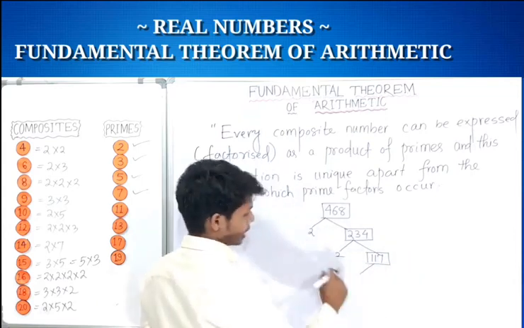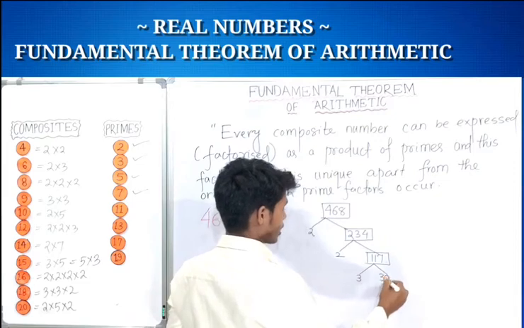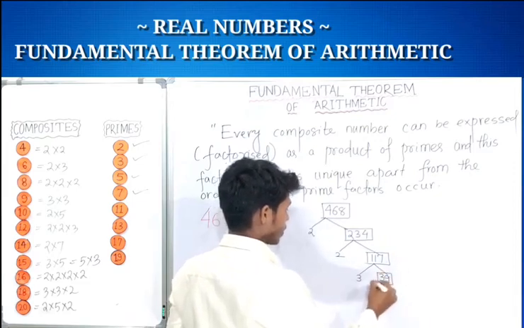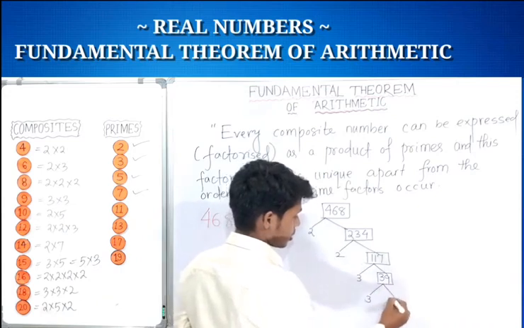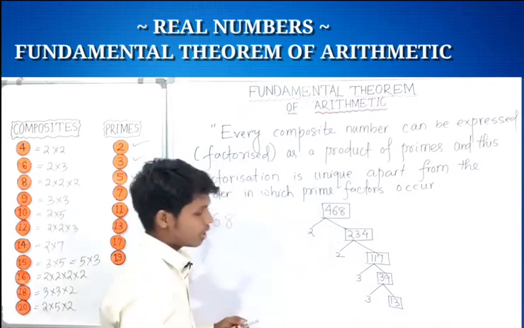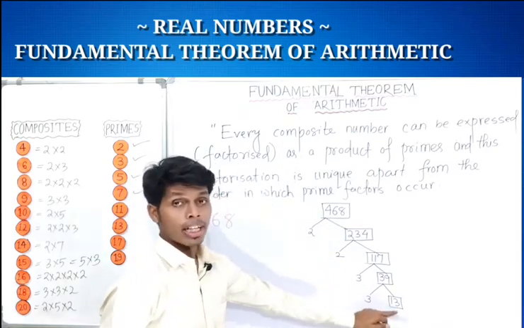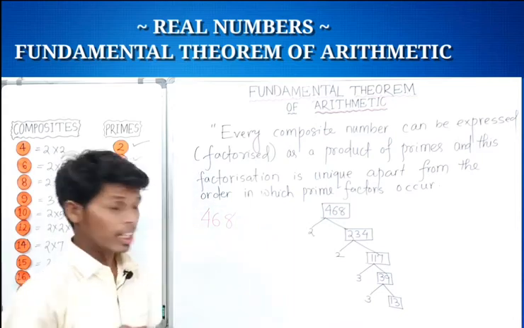We can divide it by 3: 3 3s are 9, 3 9s are 27. Again 39 can be divided by 3, so we get 13, 3 13s are 39. Now at the end we got 13, which is a prime number. We cannot divide 13 exactly by any other number.